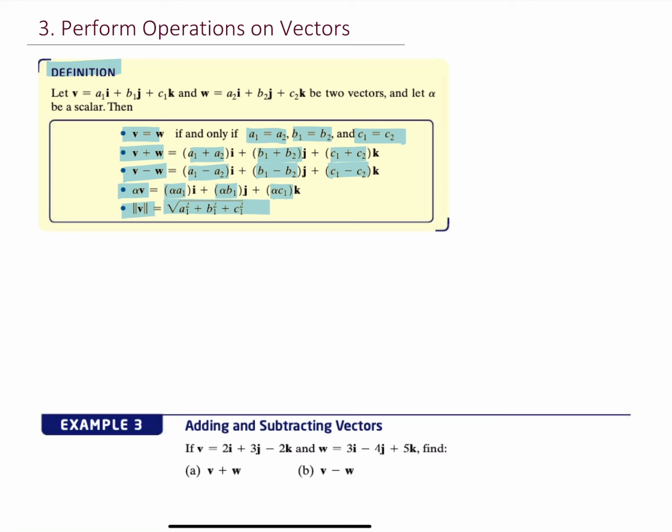And I'll just write this in component form as well, just to show. So vector v plus or minus vector w. I'll do plus or minus just to do 2 for 1 here. So this would be a1 plus or minus a2, comma b1 plus or minus b2, comma c1 plus or minus c2.